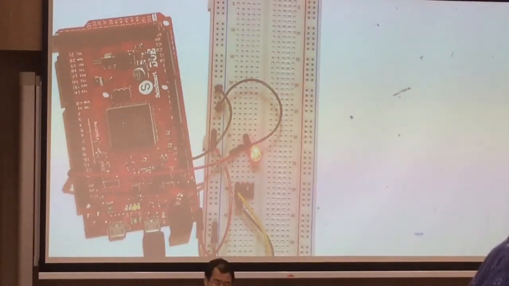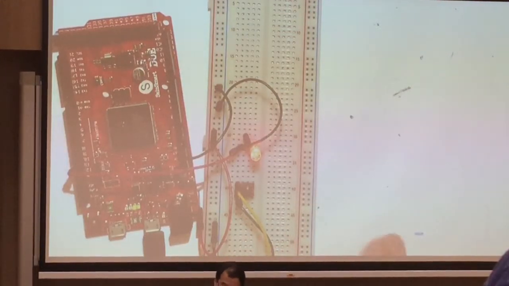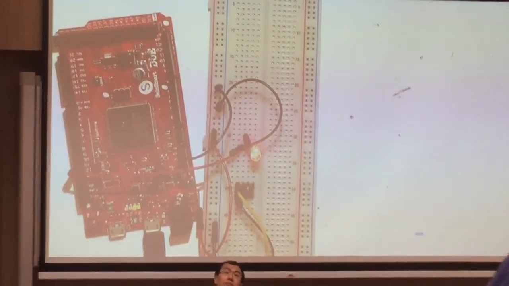Of course, you won't see it very clearly from the screen here, but there's some change in the intensity.